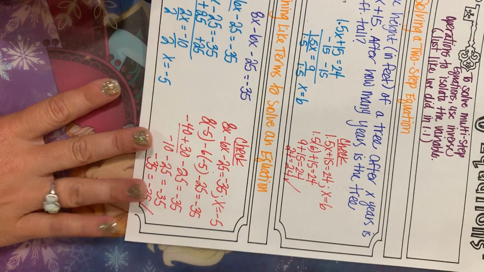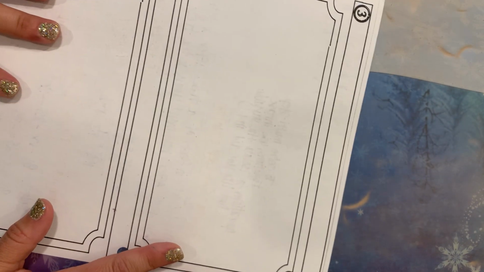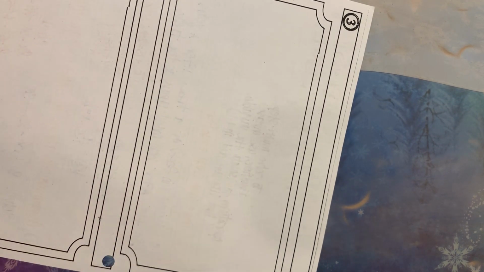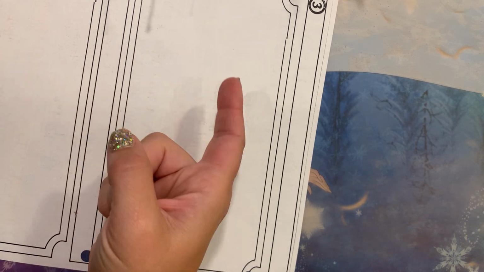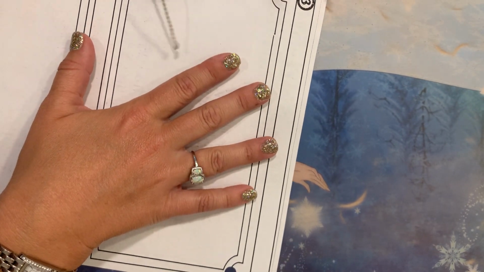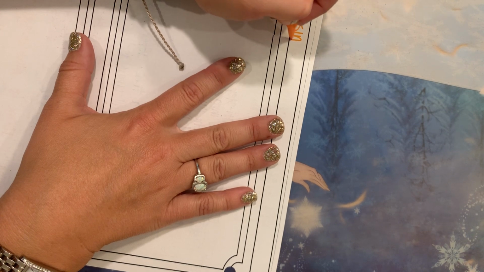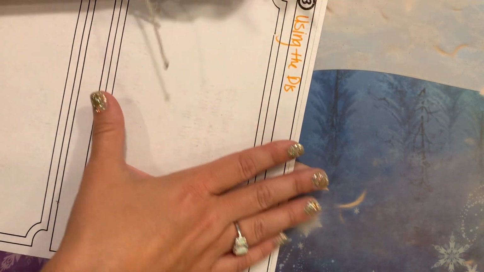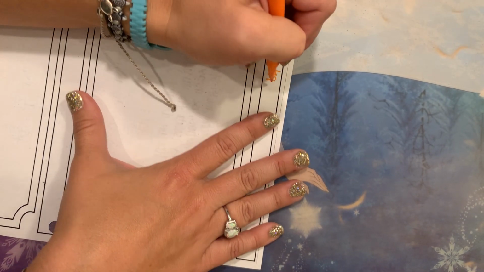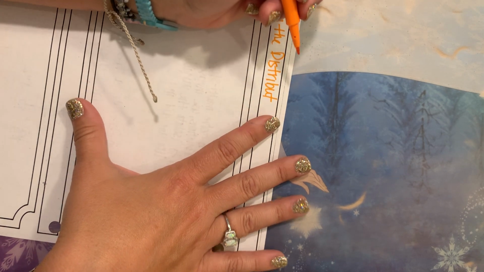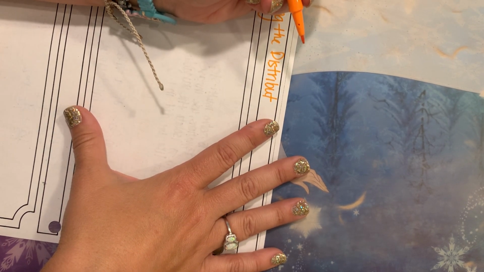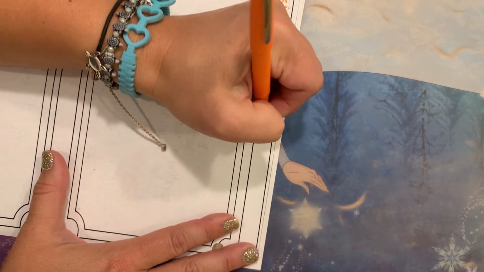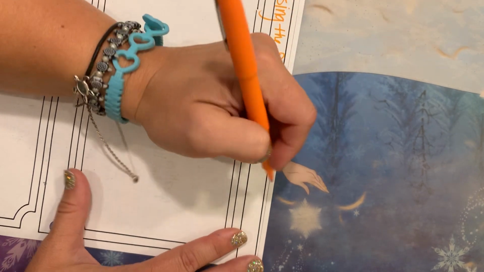All right, let's flip over to the back. So for 3, another fun thing they're having us doing. So again, they're adding an extra step in here. So now we're going to be using the distributive property to solve an equation.